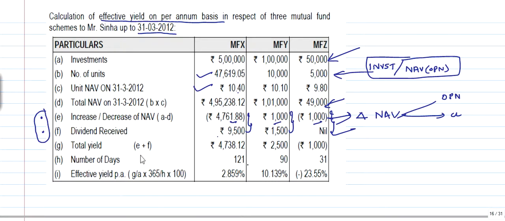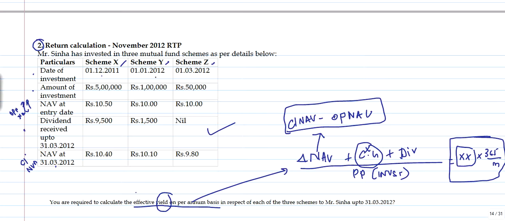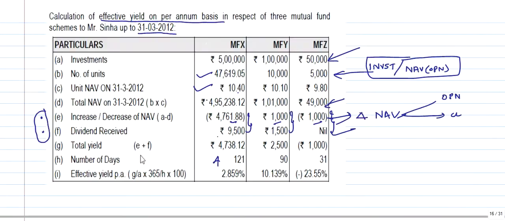So number of days. How to calculate number of days? You could have written 4 months also, because it starts from 1st December 2011, then January 2012, up to 1st March 2012.